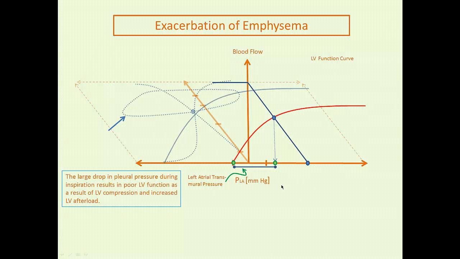And certainly, as we saw in Chapter 3 in the variability in the Mueller maneuver, the increase in transmural pressure of the right heart, and therefore right heart volume, will vary as a function of right heart function and volume status. So in the patient with a very poor right heart, who is volume overloaded with a high right atrial pressure to begin with, when they inspire, they're going to have a much greater increase in their right ventricular end diastolic transmural pressure, and therefore there'll be more of a diastolic effect on the left heart.